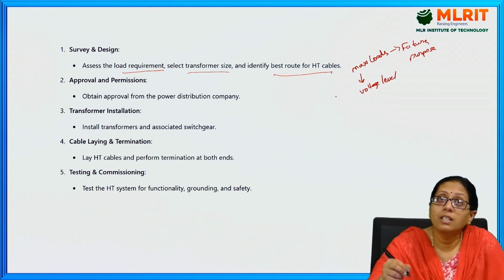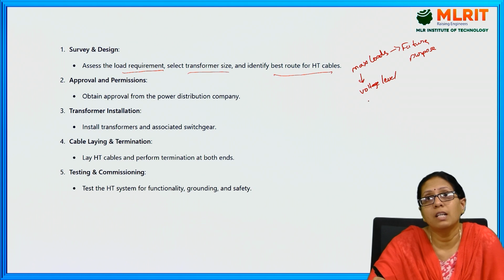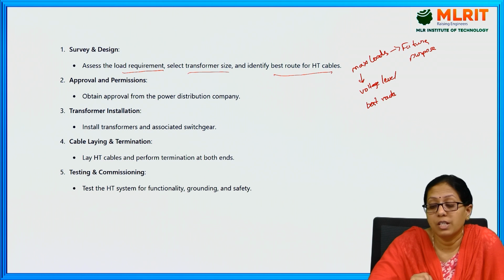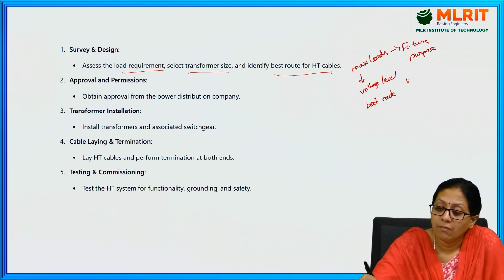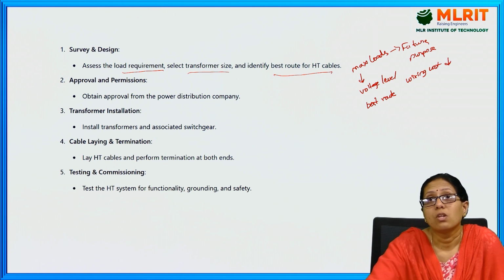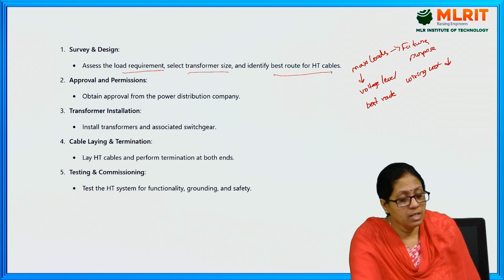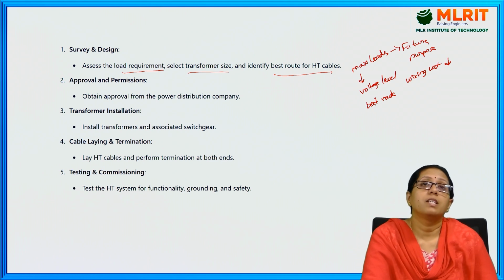Based on that, transformer selection is done and the best route for the HT connection is identified so that the wiring cost reduces. All these considerations have to be made during the survey and design period.